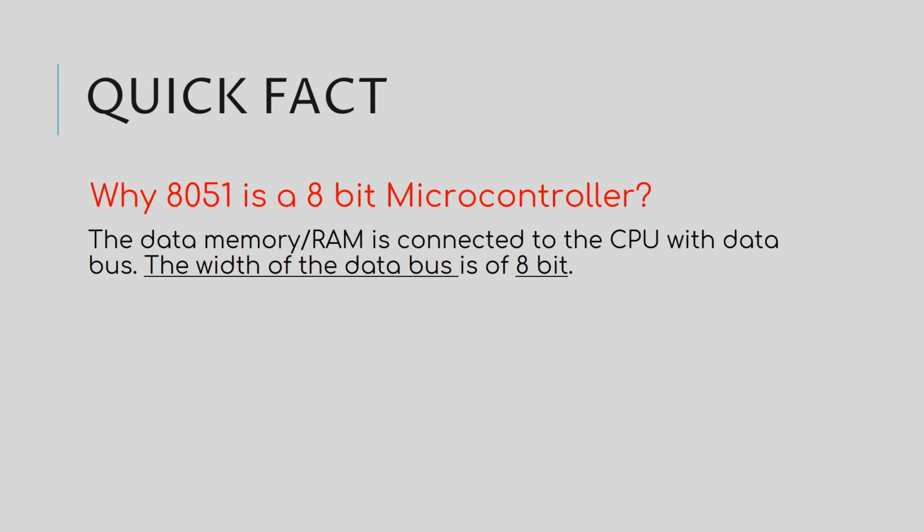That's why the CPU can take 8-bit data at a time and process it. There are cases where the CPU can take 16 bits data at a time, 32 bits data at a time. That depends on the width of the data bus. So if the width is 16 bit, the CPU will be of 16 bit. If the width is of 32 bit, then the CPU will be of 32 bit.